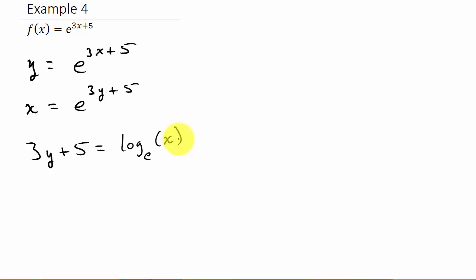Now we solve for y. So I'm going to subtract 5. And so that gives me 3y equals, now look at this. We've got log of x with base e.